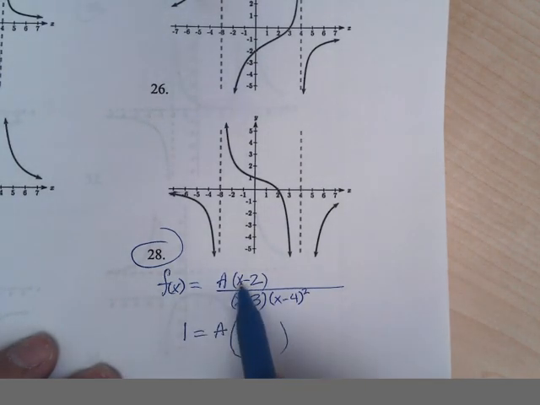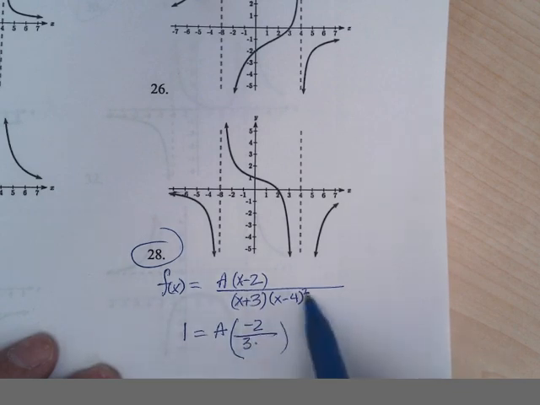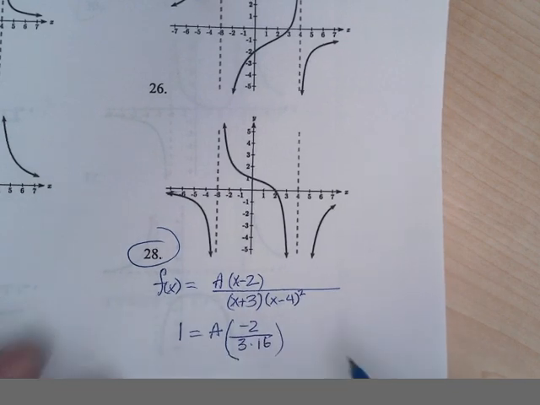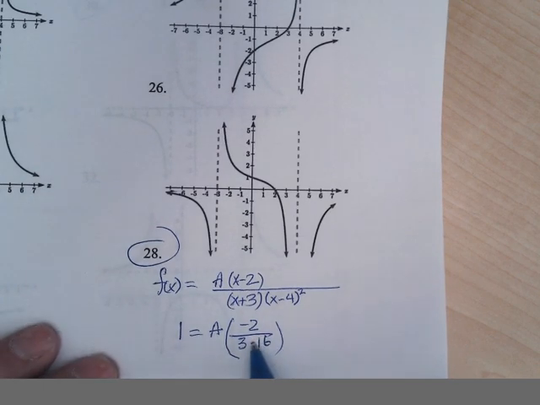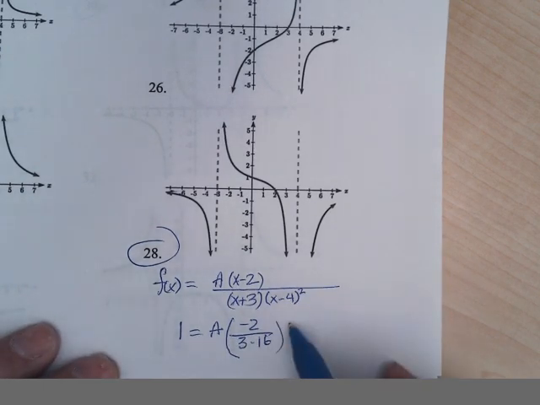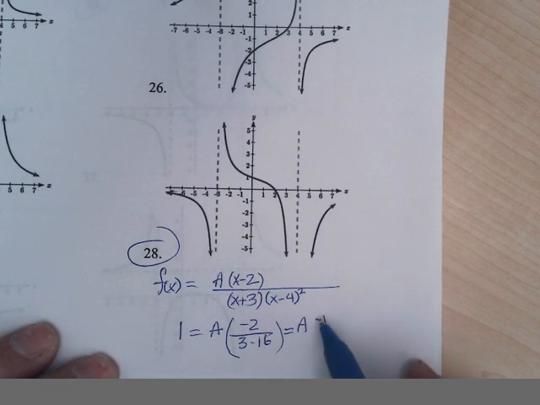And this, if I put 0 there, I get -2 over 3 times 16. 3 times 16 is 48. 2 over 48 is negative 1 over 24, reducing it.